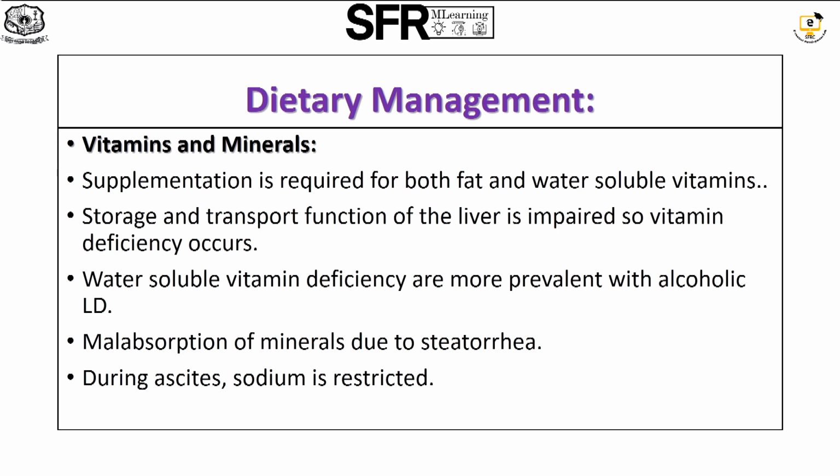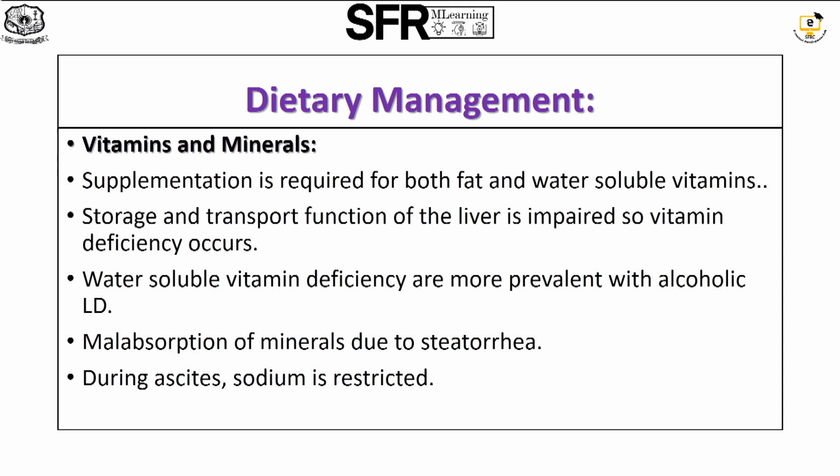Water soluble vitamins like B complex vitamins are very essential to initiate the energy metabolism, and minerals like iron and other water soluble vitamins like folic acid, folate are very essential to prevent the person from falling into anemia. Water soluble vitamin deficiencies are more prevalent in persons with alcoholic liver diseases.